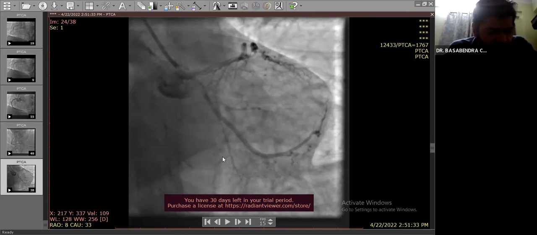So that will be a challenge. We are thinking of the best possible way. The mid LAD segment is also diseased, 70% disease. Had it been a chronic case, most probably CABG would have been an option. But the patient came with inferior wall MI and ongoing chest pain, so we had to do the PCI.